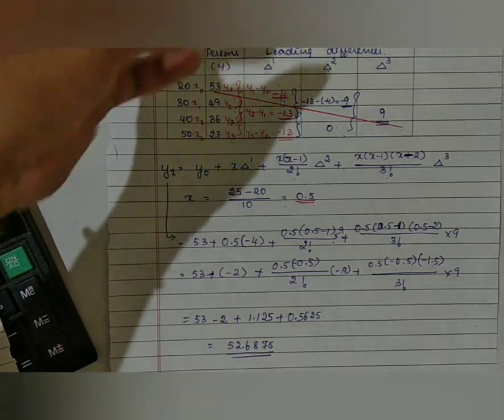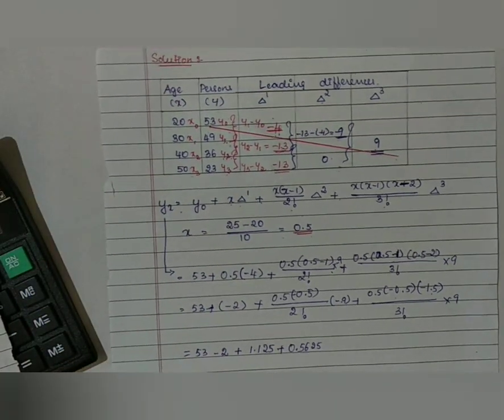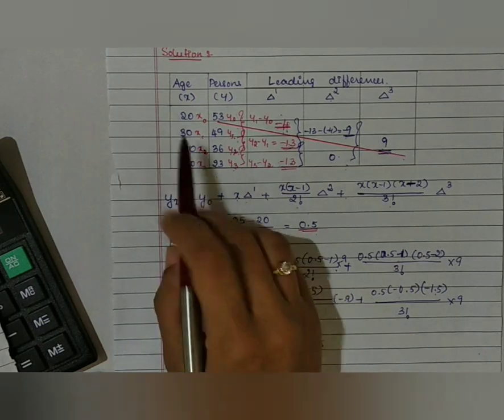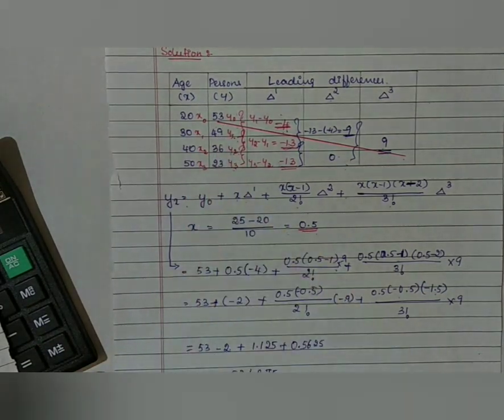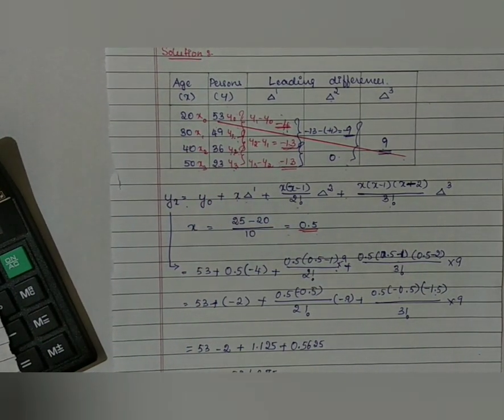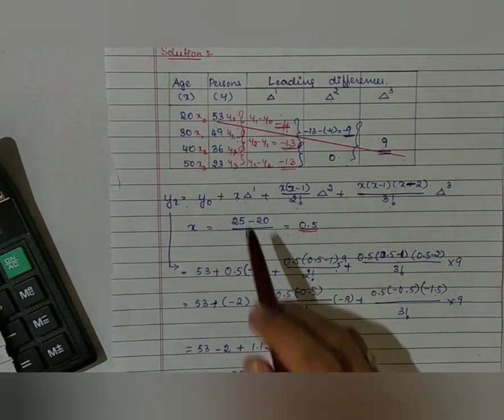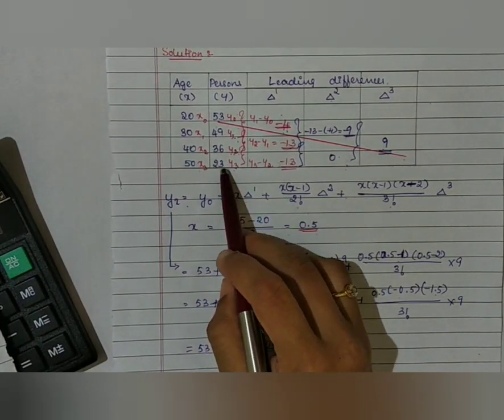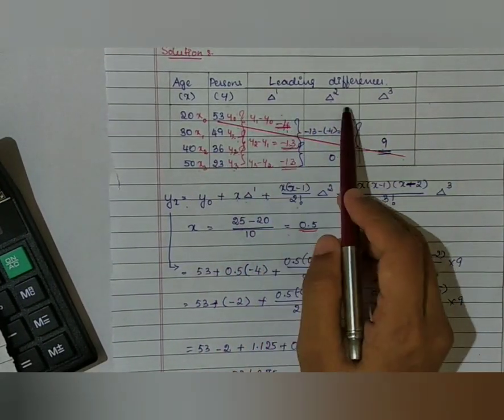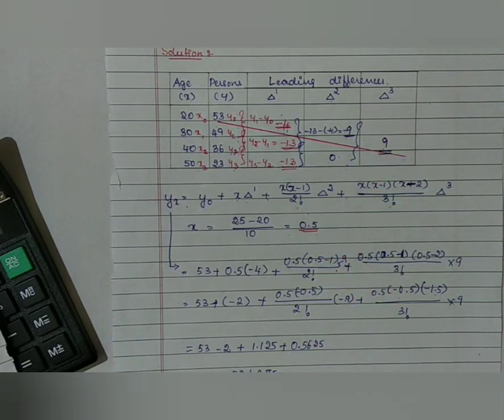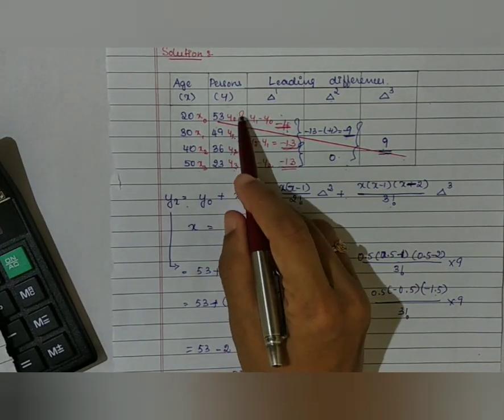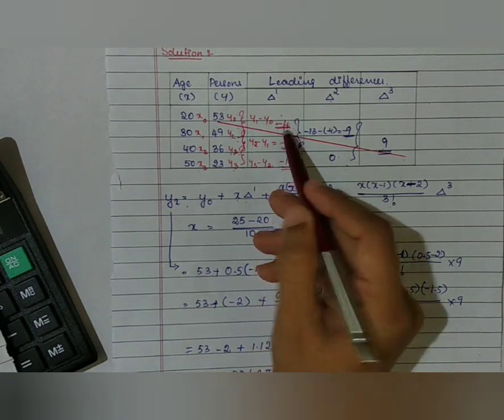All the problems will have the same method, same steps. First, write down the question as it is. Once after writing down as it is, we have to calculate the leading differences delta 1, delta 2 and delta 3. Here first, y1 minus y0, that is minus 4.